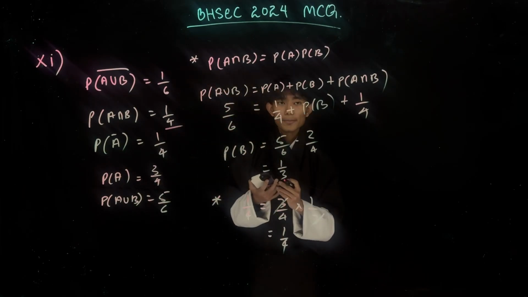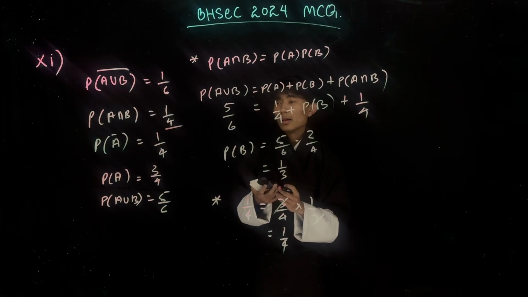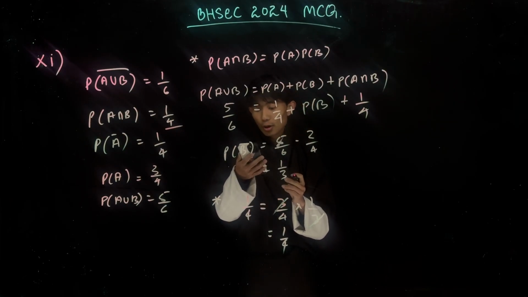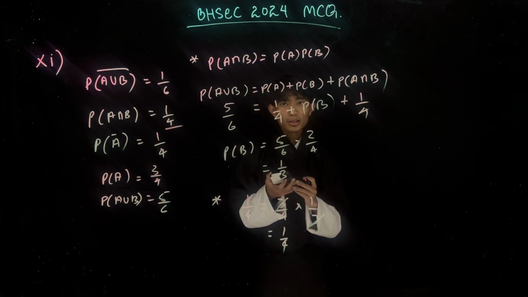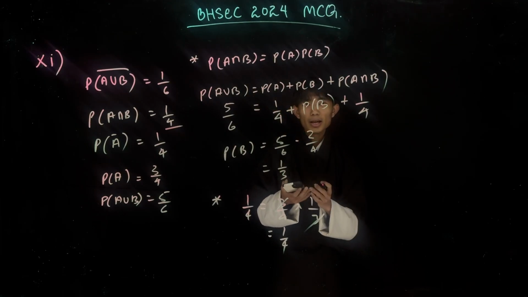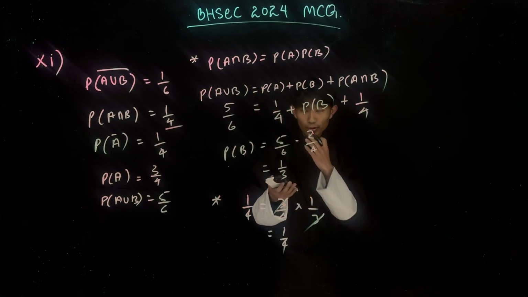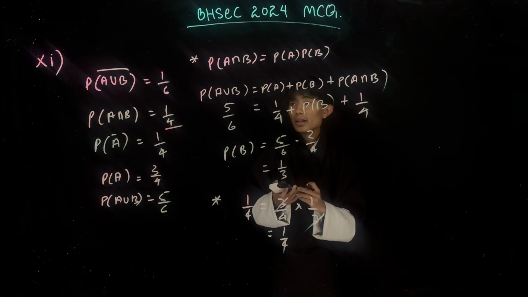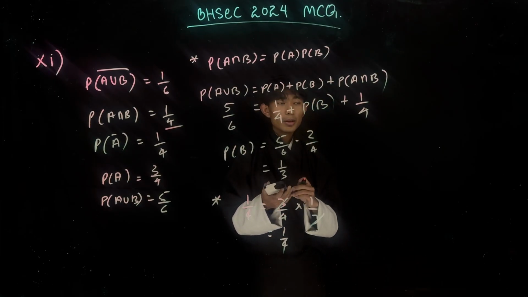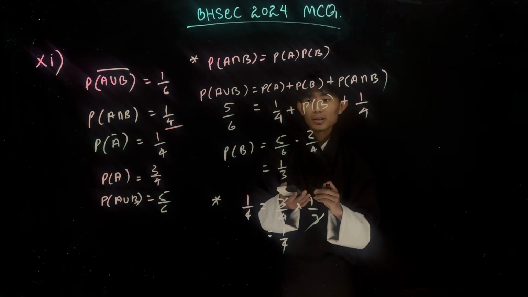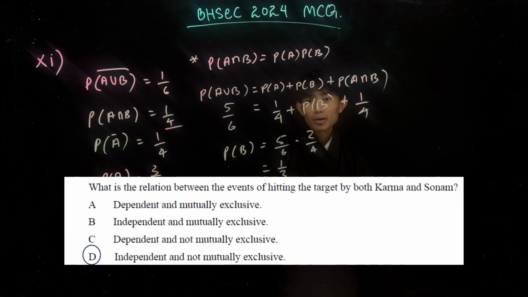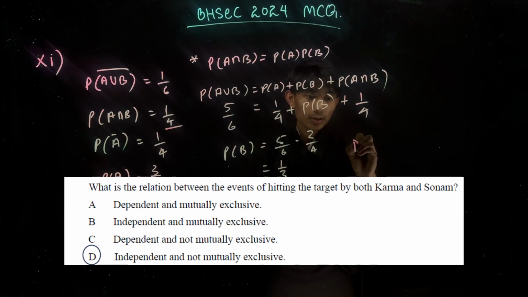So we can conclude that the events A and B, that is Karma hitting the target and Sonam hitting the target, are independent of each other and are not mutually exclusive. So that is option D.